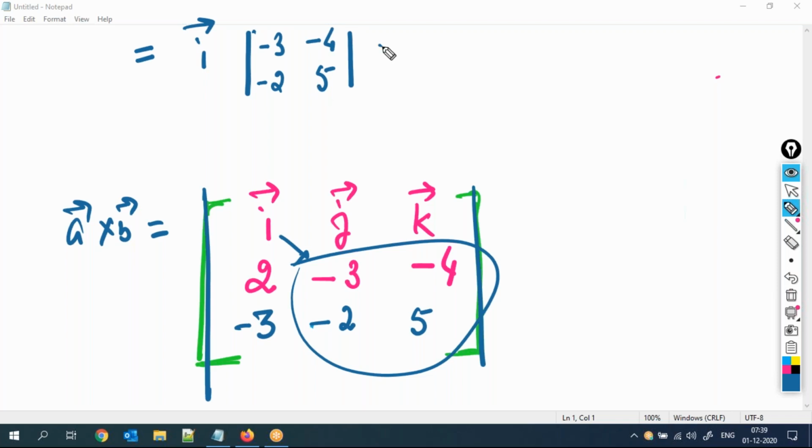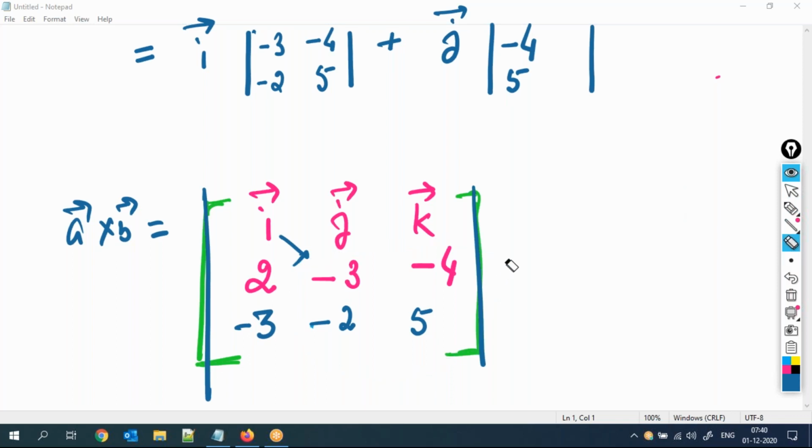After that, we will write J. After J, K comes, so we should write -4 and 5. Did you understand? Yes, sir. Because when you are writing J, you have to leave two things, so you don't need to include this, right?